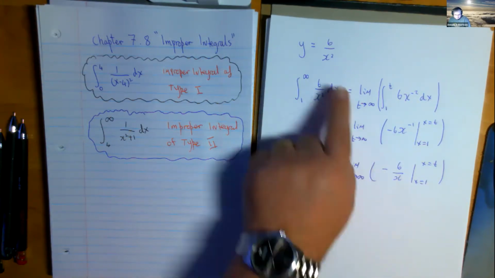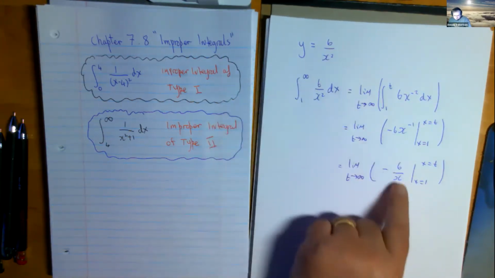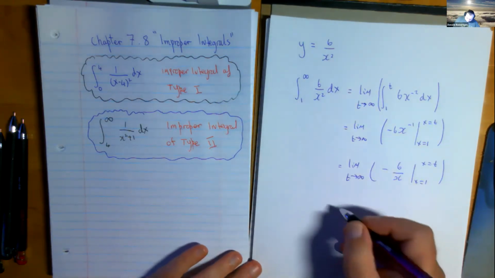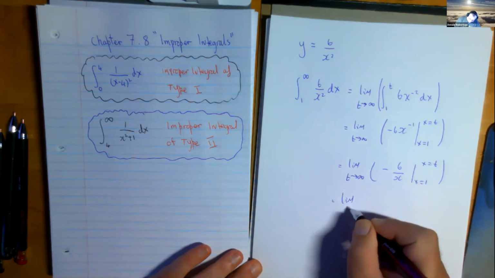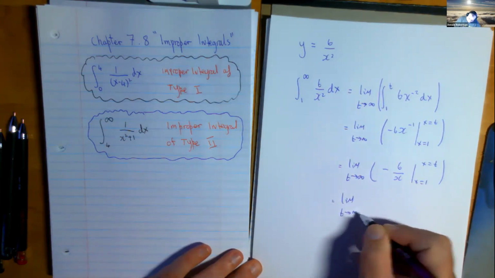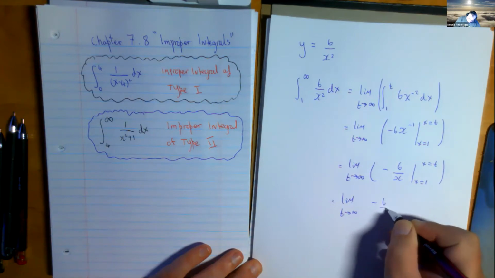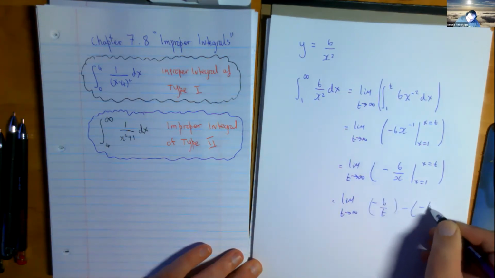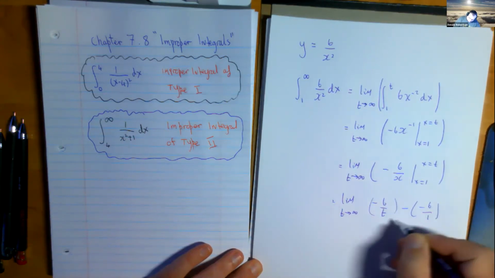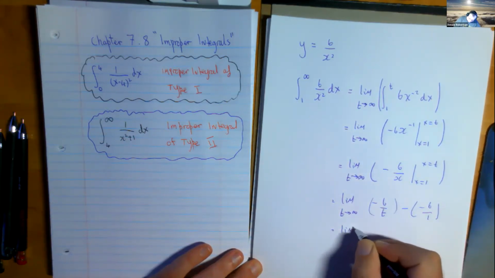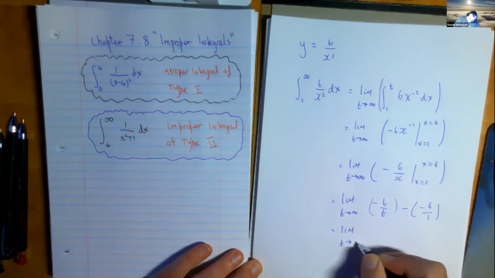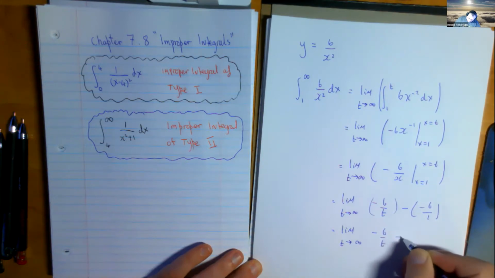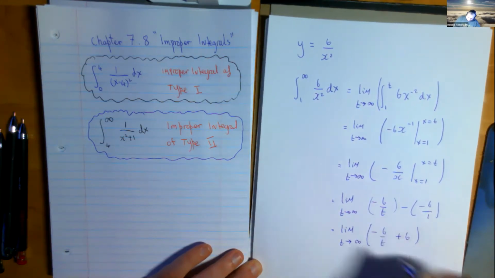You need to return it back into its original form to make it easier to deal with the limits and deal with calculations. So it's now going to be the limit as t tends to infinity of -6 over t, it's the first guy, take away -6 over 1. So I now am looking for the limit as t tends to infinity of -6 over t plus 6.